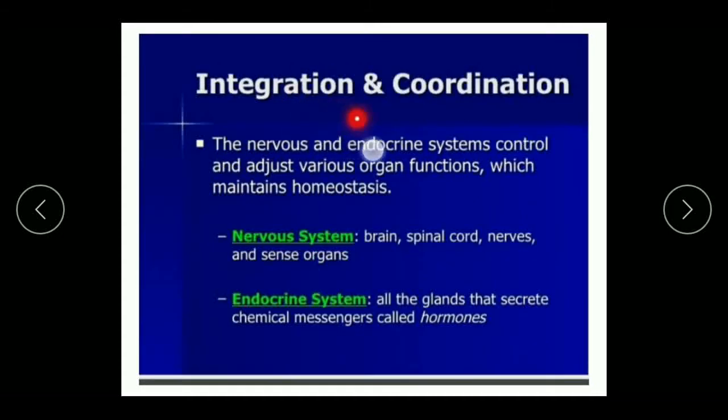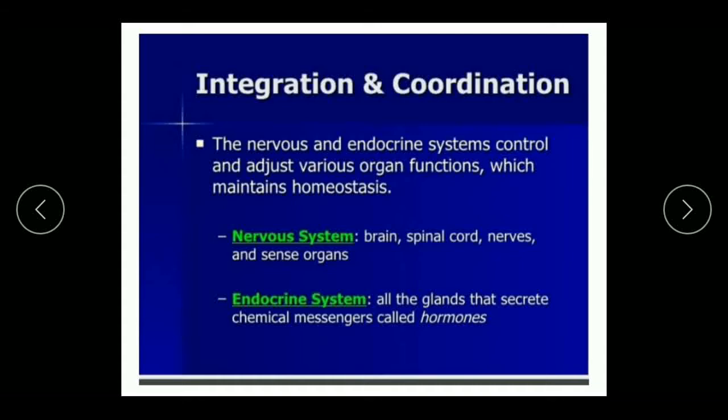Next, integration and coordination. Integration means interaction between two or many organ systems. Coordination means regulation of those organ systems. The nervous and endocrine systems control and adjust the various organ functions, which maintains homeostasis. Homeostasis maintains a constant body temperature in the organism, as in homeostatic animals, unlike poikilothermic animals.